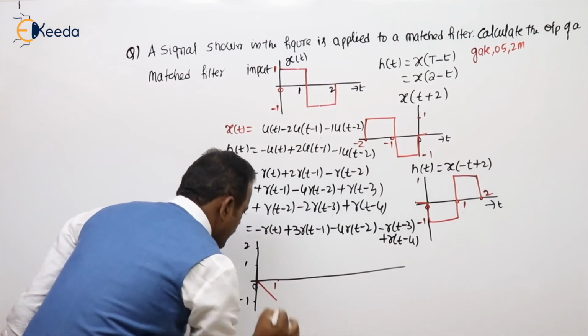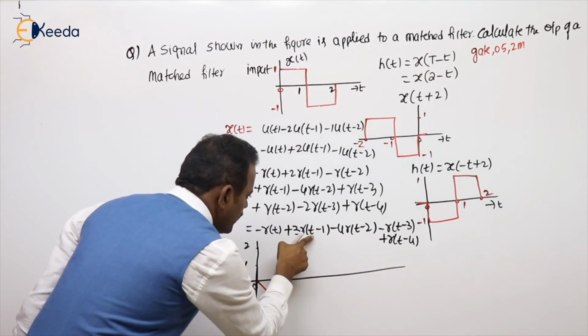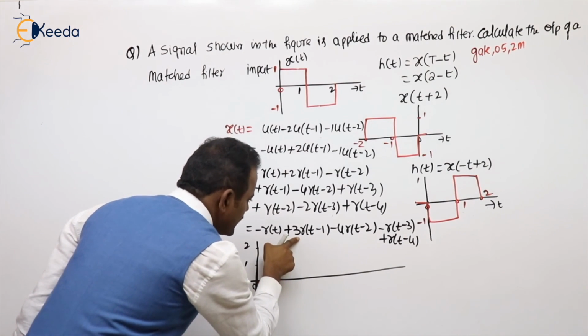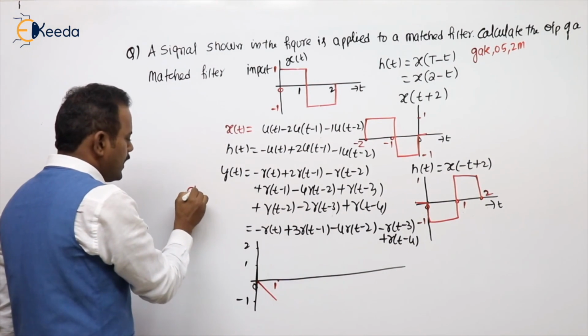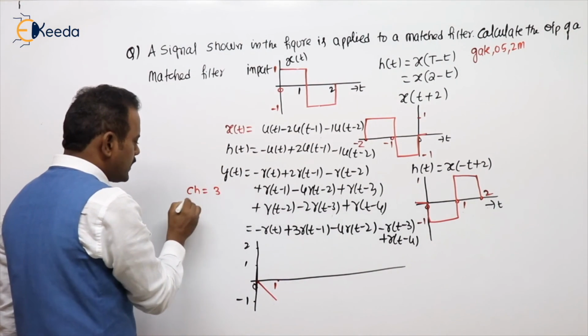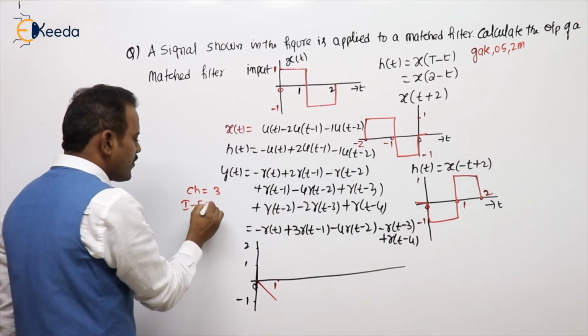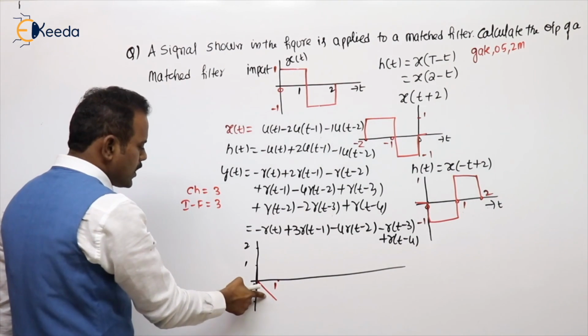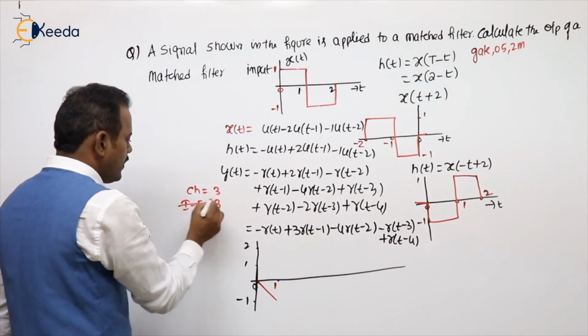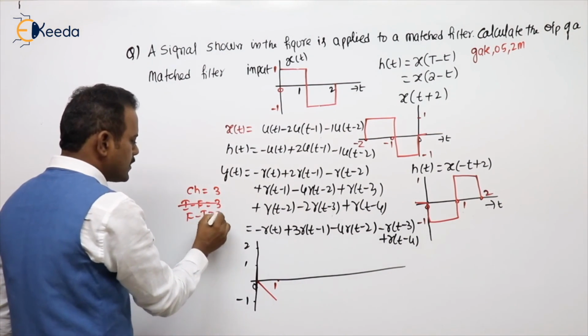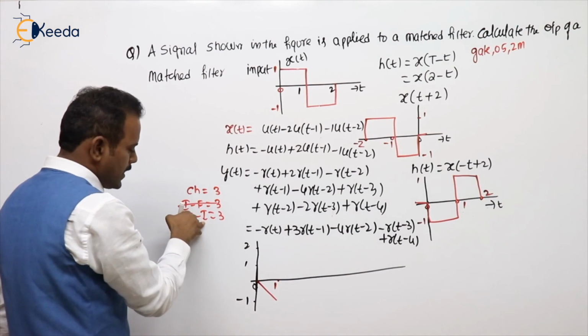This is 1 you can take. At 1, how much is the change that happened? 3 happened. Total change is 3. Change means initial minus final value is 3. Initial slope is minus 1. Sorry, I wrote it wrong. Final minus initial is 3. Initial slope is minus 1.